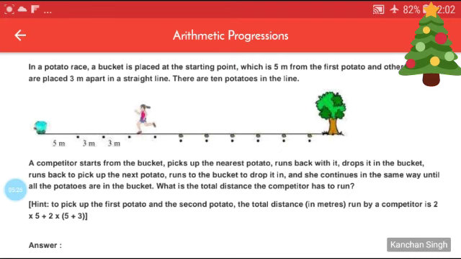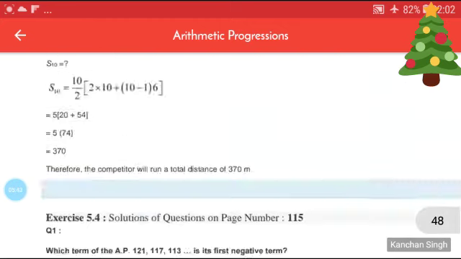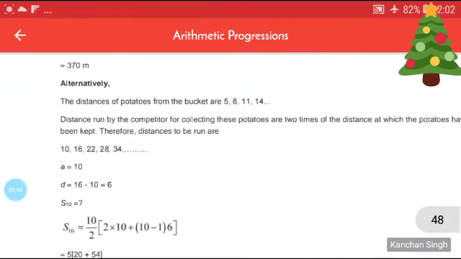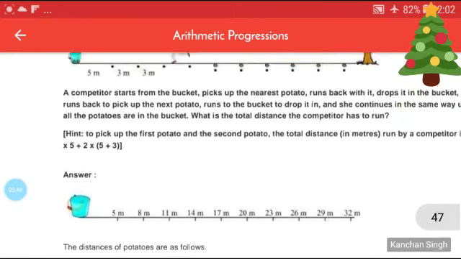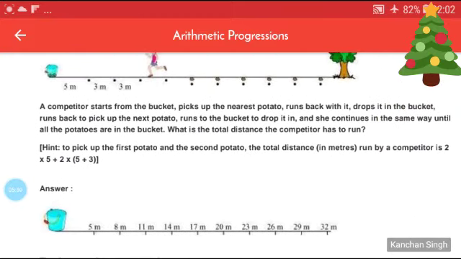A competitor starts from the bucket, picks up the nearest potato, runs back with it, drops it in the bucket, runs back to pick up the next potato, runs to the bucket to drop it in, and continues in the same way until all the potatoes are in the bucket. What is the total distance the competitor has to run? Please try to solve this question by yourself. The rest of the questions are solved by us.